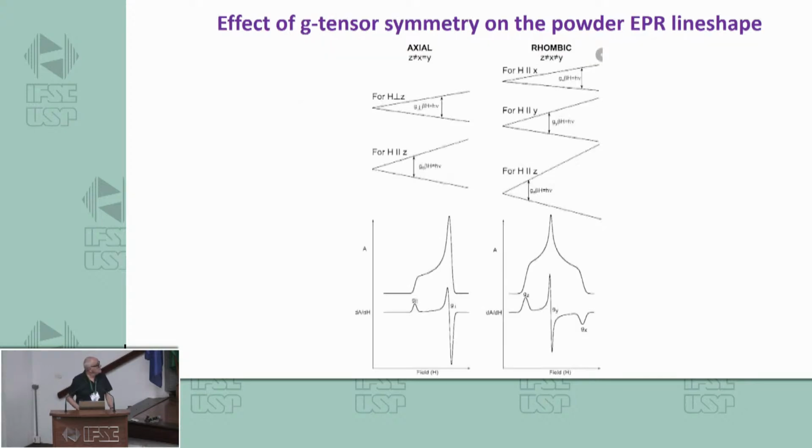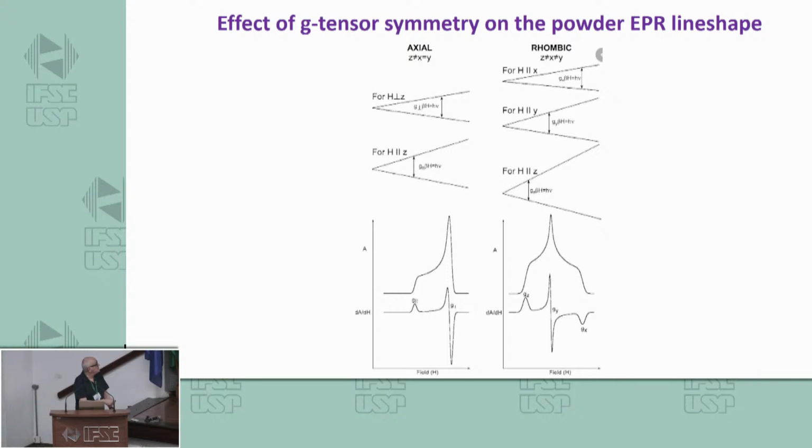Okay. Here I'm showing the same thing, just for you to relax a little bit. We see here again for the field perpendicular to the direction of the crystal, we have one splitting. For the field being parallel to the direction of the crystal, we have another resonance condition.